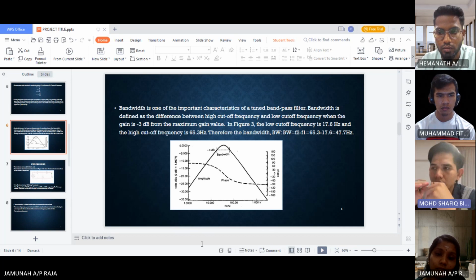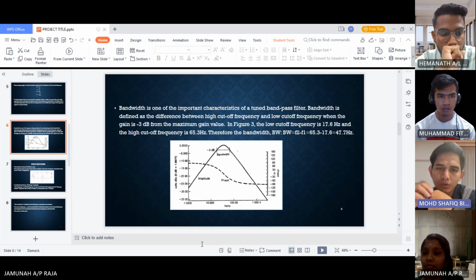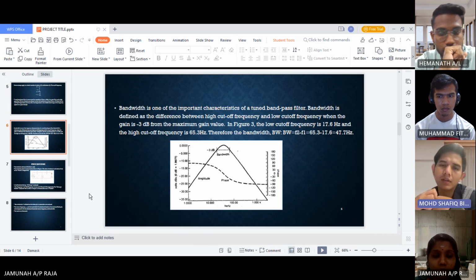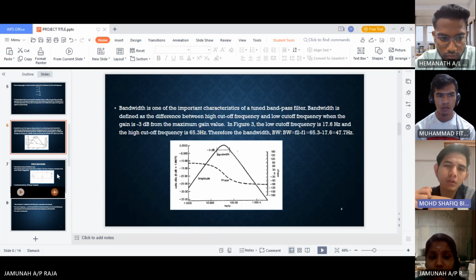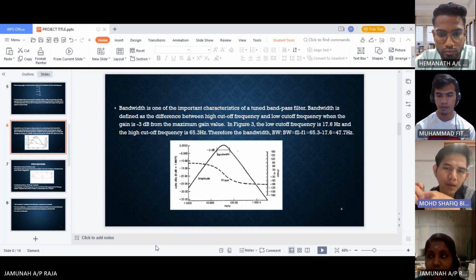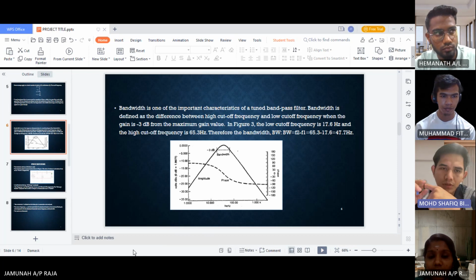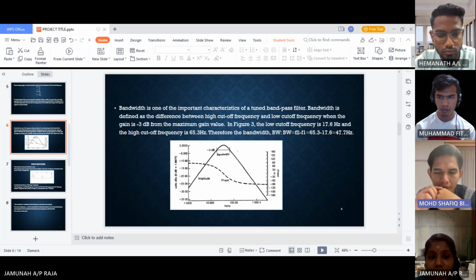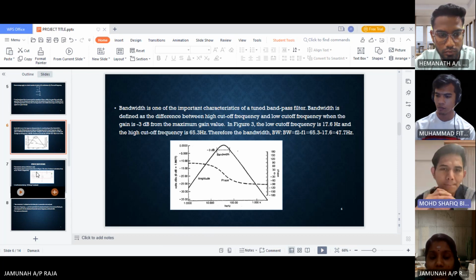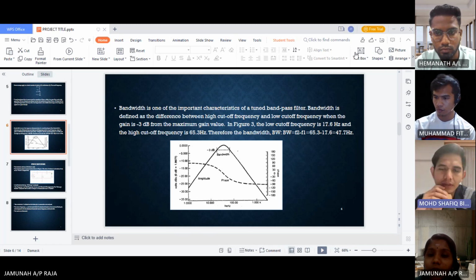So how do we find the difference between them? We use the bandwidth of the tune band pass filter. From the figure that I attached in the slide before, you can imagine how the filter works with the bandwidth. Okay, next slide.